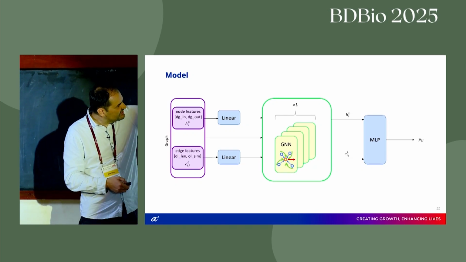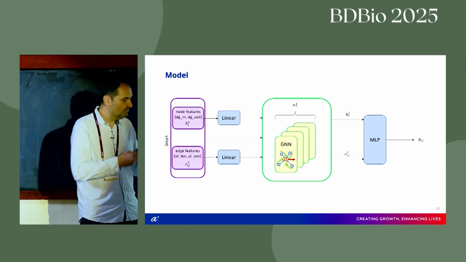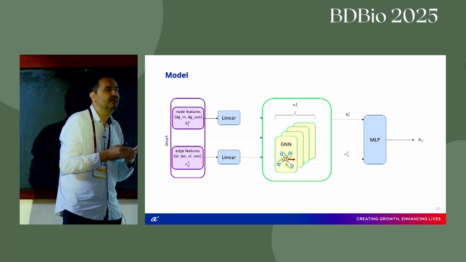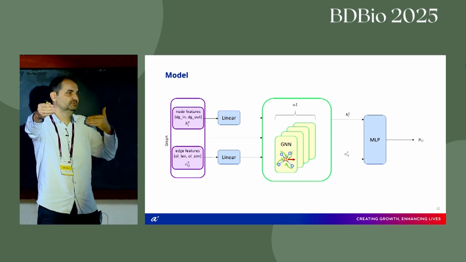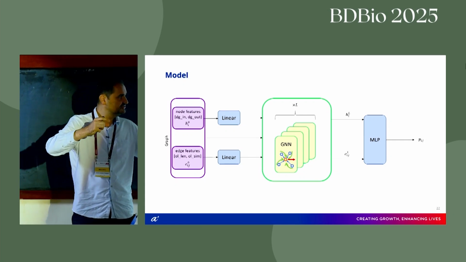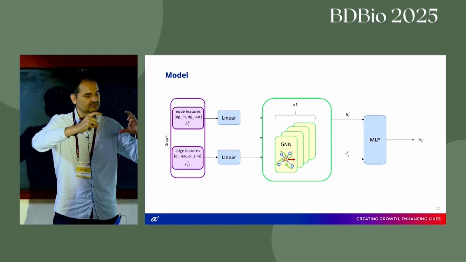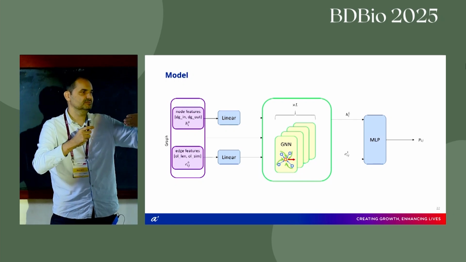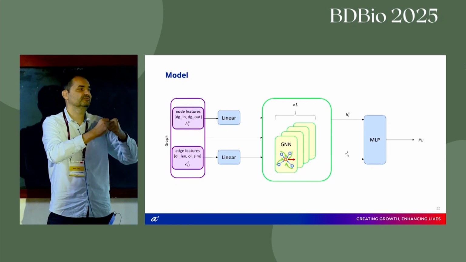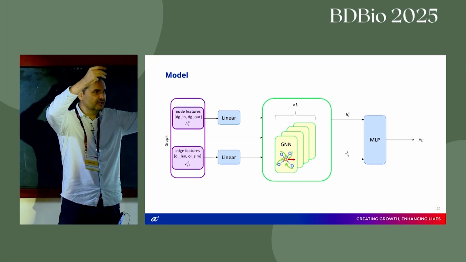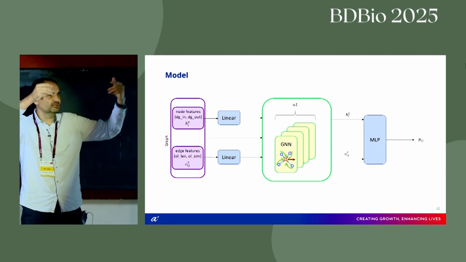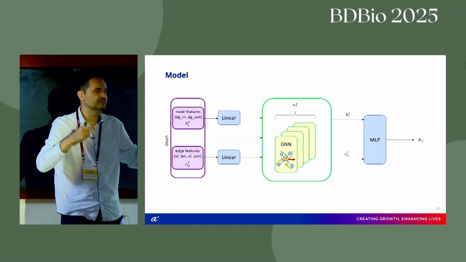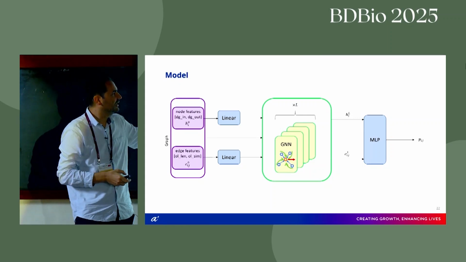So the GNNs can have multiple layers. Actually, it depends how big your graph is. Because in a GNN, in the first layer, you are learning information from your first neighbors. You aggregate this information. In the second one, you aggregate information from the second neighbors, because they sent their message in the first round to you.